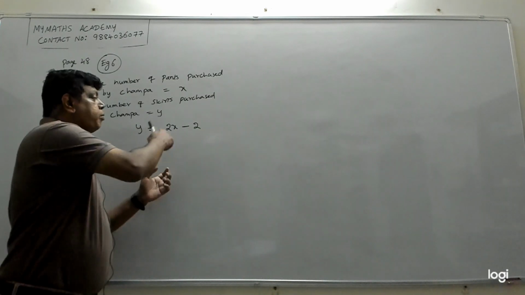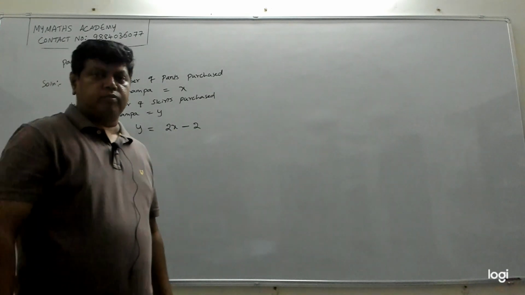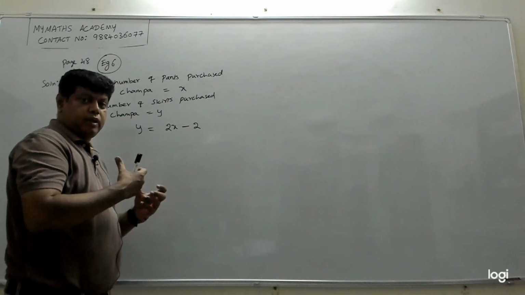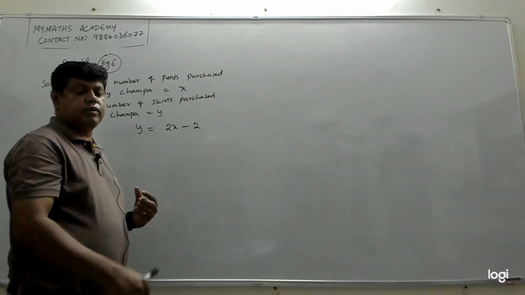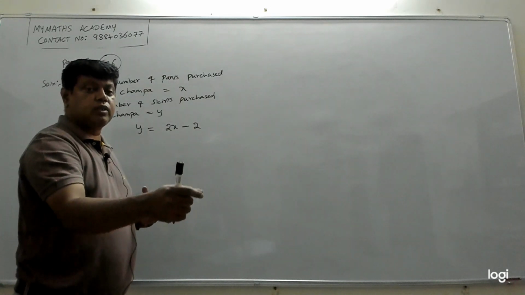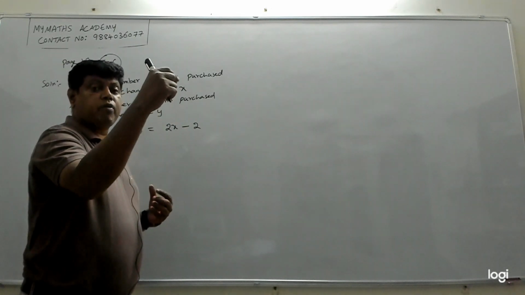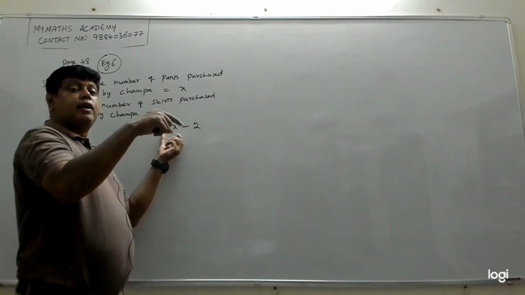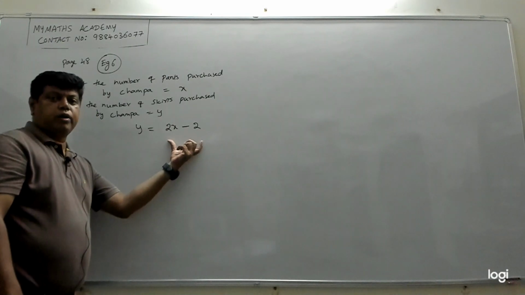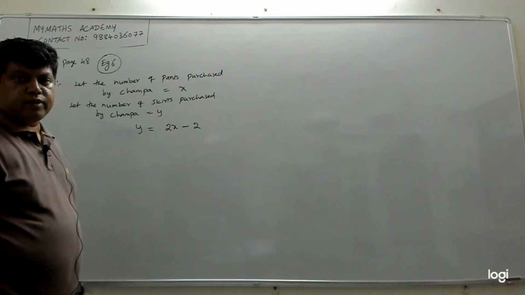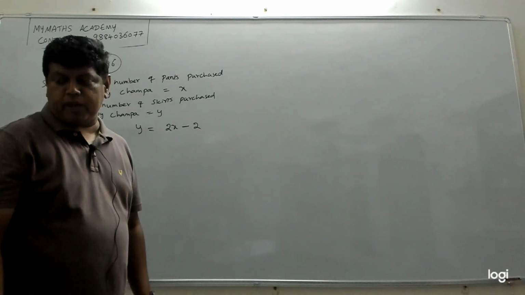So don't write 2 minus 2x. When they say 2 less than twice the number of pants, first you should write twice the number of pants, which is 2x, then less 2. Less 2 means minus 2. So this is one equation we got from the answer that Champa gave to her friends.